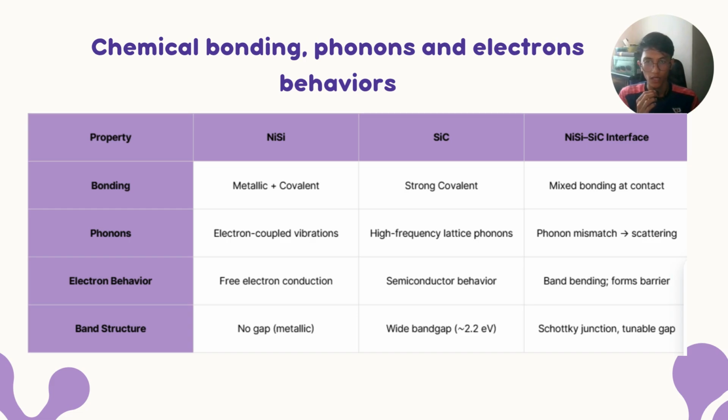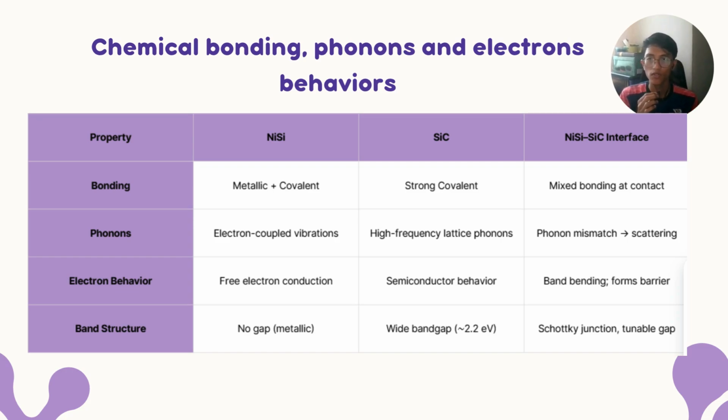Next, we look at the properties of these materials, NiSi-SiC, for chemical bonding, phonons, and electron behavior. For the bonding, NiSi is metallic and SiC is strongly covalent. So their interface in this material is a metal-semiconductor junction, where NiSi acts like a metal and SiC as the semiconductor material. Next, the phonons.